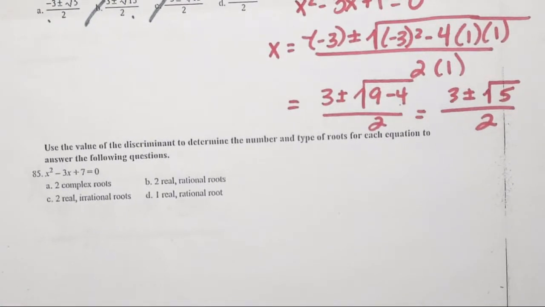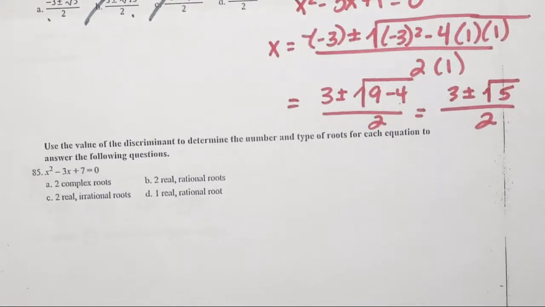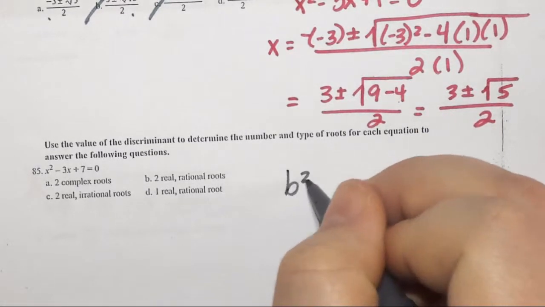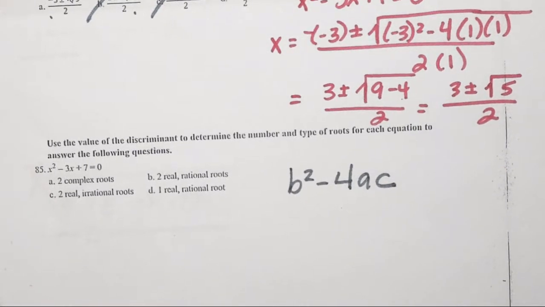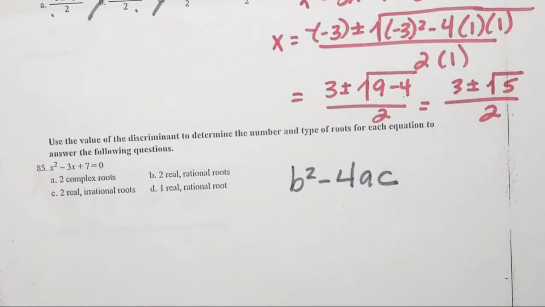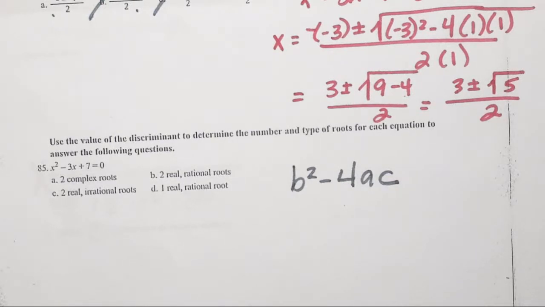Okay, use the value of the discriminant to determine the number and type of roots for each equation to answer the following questions. So you did b squared minus 4ac, and you got what answer? Okay, so what does that mean about the roots?